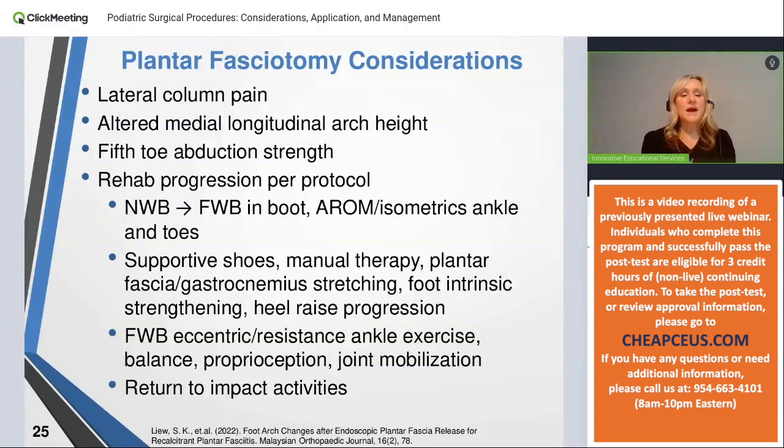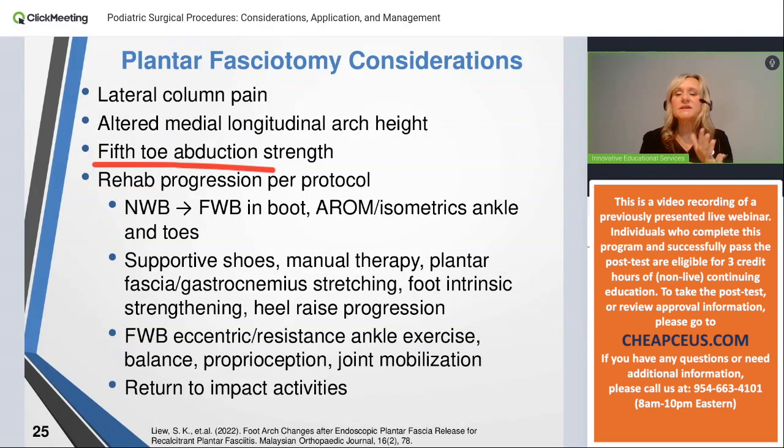So when we look at rehabbing these patients, I want to highlight sticking with that Baxter's nerve first. And this is actually good to look at for your patients that are non-surgical also with plantar fasciitis. That Baxter's nerve also provides the motor innervation to the abductor digiti minimi. So you do want to muscle test that out.